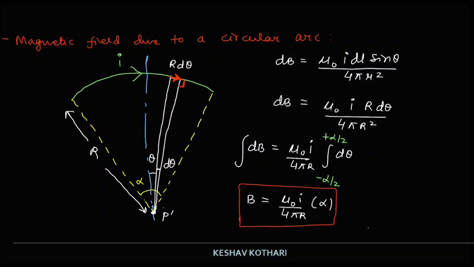Now we can modify this formula to obtain the magnetic field at the center of a current carrying circular loop.